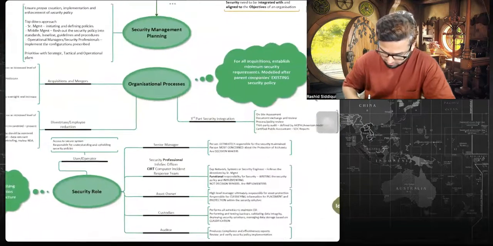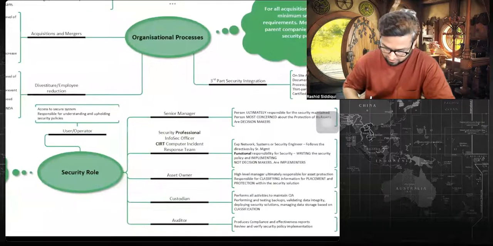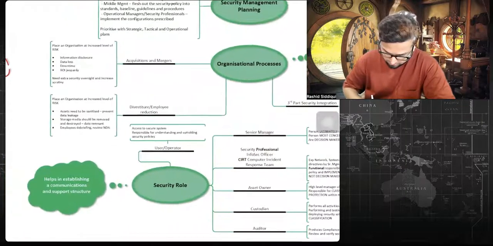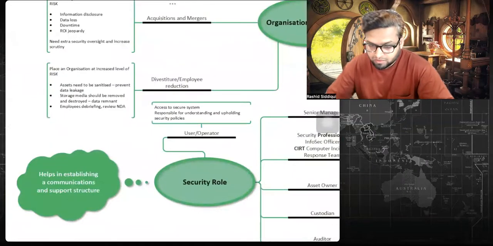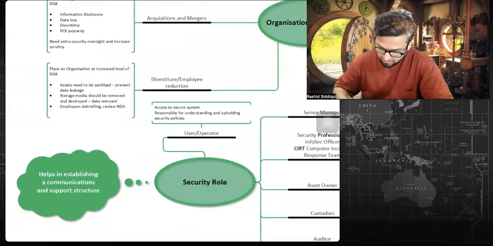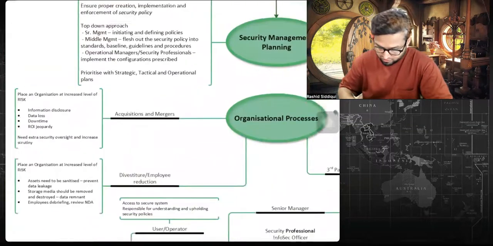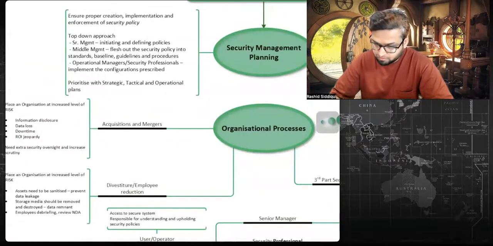Right, then we come to the security role. Let's quickly wrap this up as well here. What are security roles? Security roles help in establishing a communication and support structure. As we have already seen in our previous video on security management planning, we talked about this top-down approach of management hierarchy, where all the security initiatives are driven from top management to the engineers who are actually implementing them.